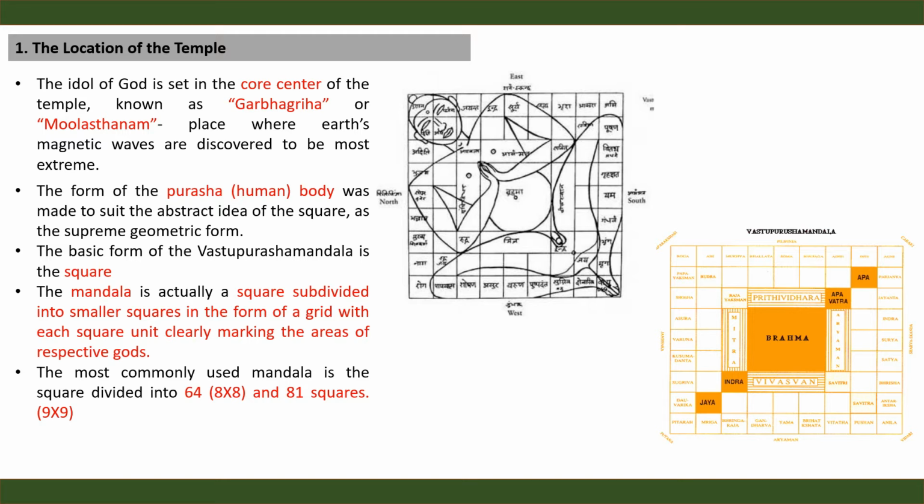That is, the mandala is actually a square which is subdivided into smaller squares in the form of a grid, with each square unit clearly marking the areas of respective gods, as you can see in the figure. The most commonly used mandala is a square divided into 64, that is 8 by 8, and 81 squares, that is 9 by 9.